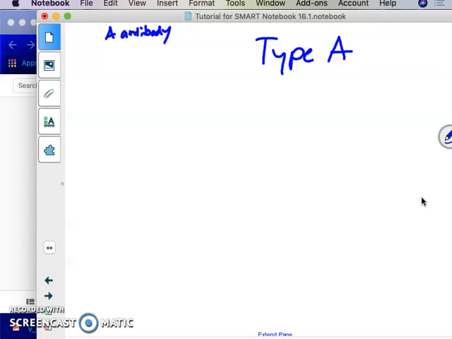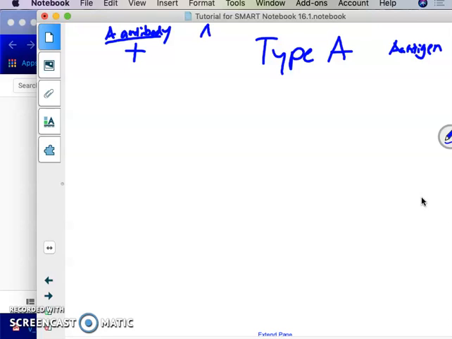Type A, remember, has the A antigen. If you want to write that next to your table, you can. Therefore, they match, and it would cause it to clump, which means we'll put a little plus sign.